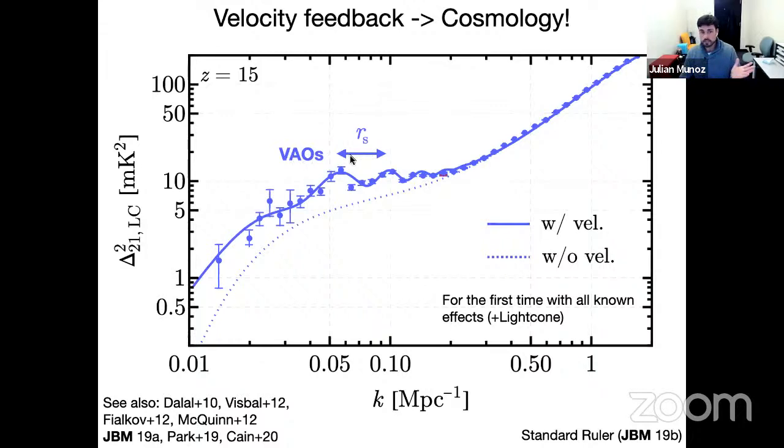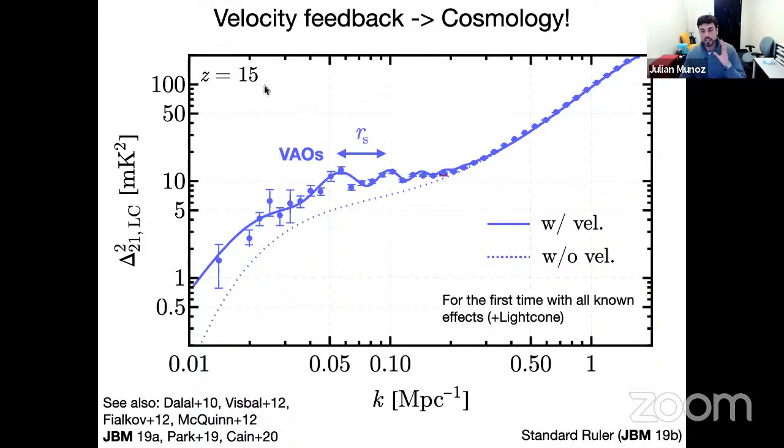And they have the same sound horizon in them, which is why we need these large simulations to be able to resolve this. And by measuring these wiggles, we can, first of all, tell that there was velocity feedback. And second of all, gives us a standard ruler because we know r_s. So we can go and measure the expansion rate of the universe, in this case, at redshift 15.